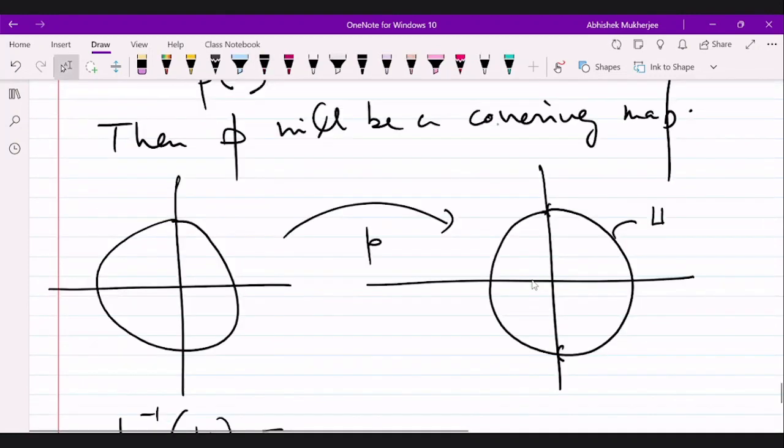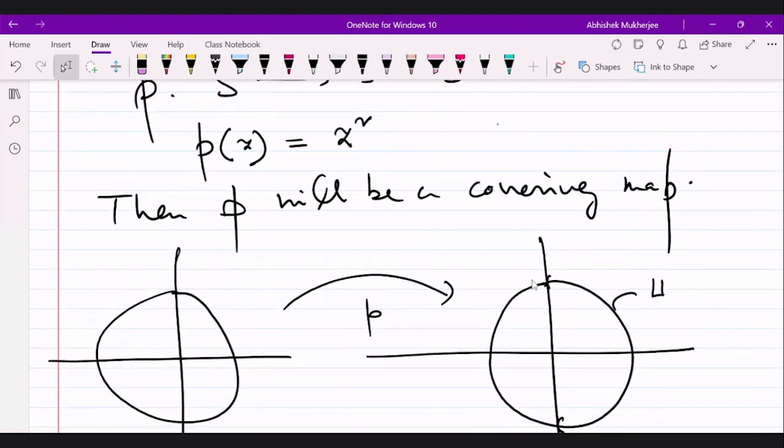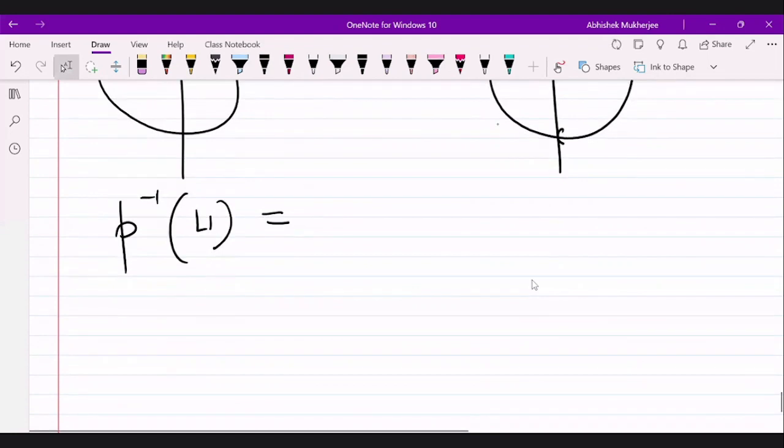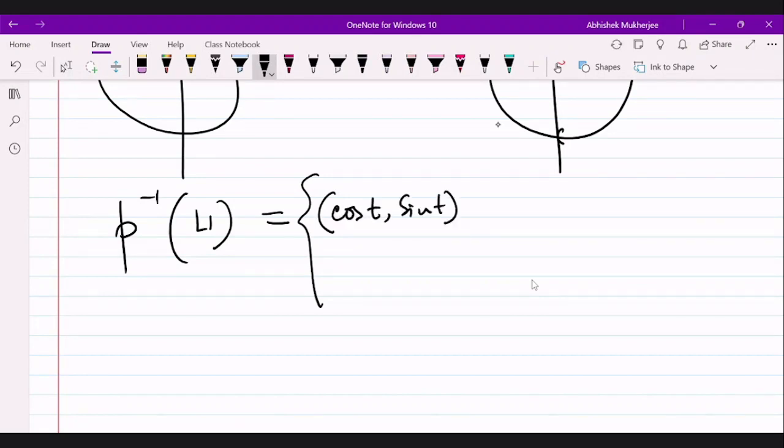So what would that be? Since Z goes to Z squared, if you look at this map closely, you will find that the argument will be doubled, right? So this is nothing but cos t, sin t, with minus pi by 4 less than t less than pi by 4. Am I correct?